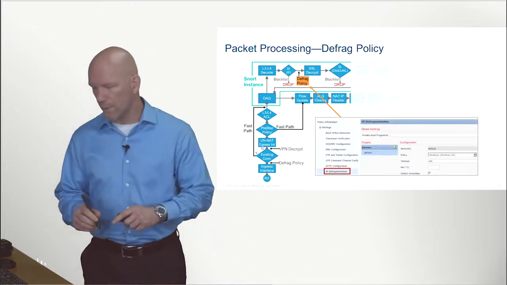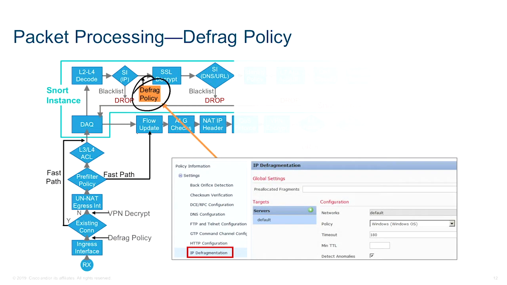All right, continuing on with the defrag policy. You might remember from very early on in this packet flow, I mentioned there are going to be 2 places we apply a defrag policy, and they actually are looking at different aspects of defragmenting packets. Folks, if you remember, that was more on the physical firewall or appliance interface level, while this one is going to be based upon the operating system of the source of the packet.